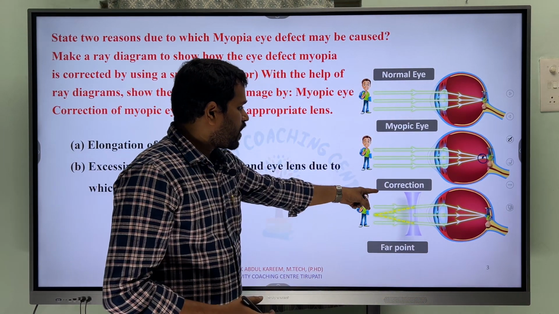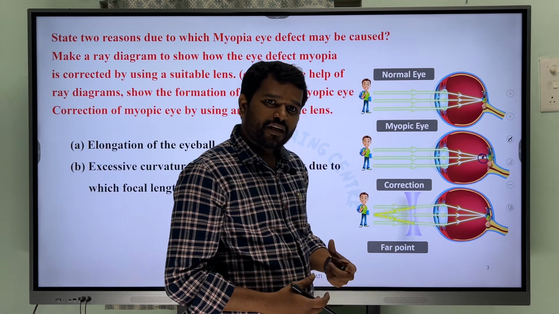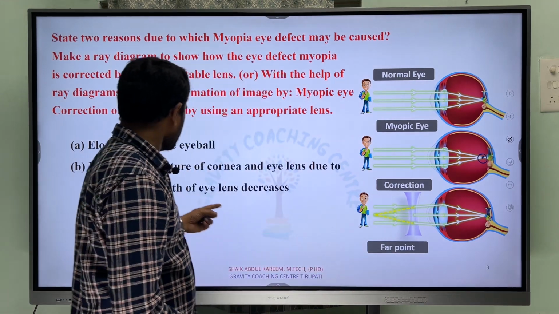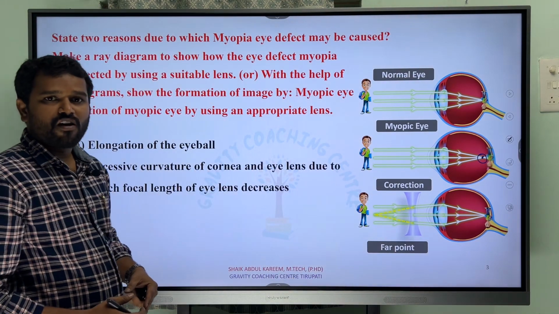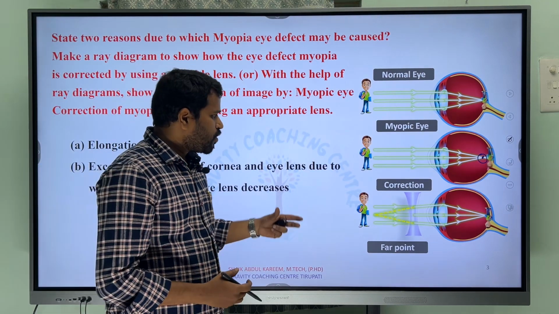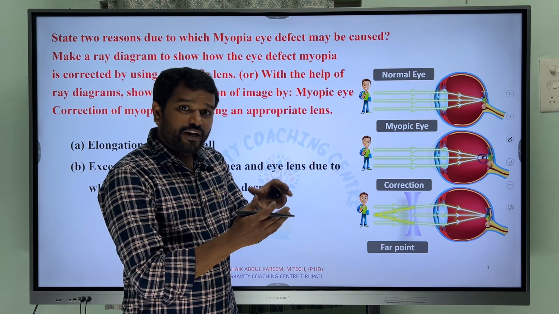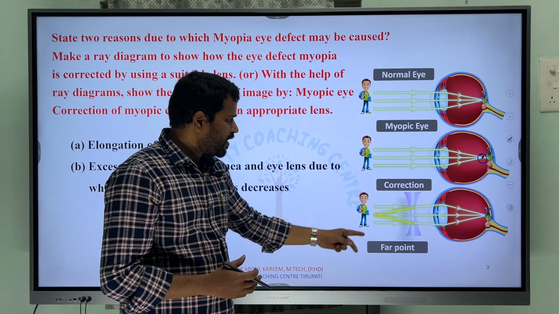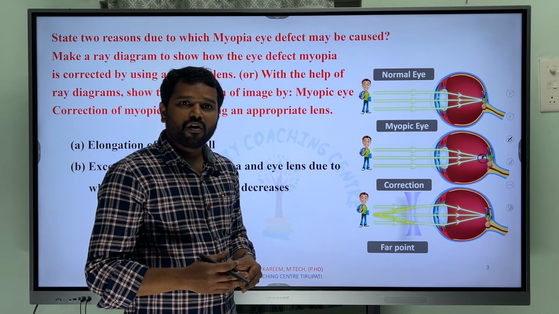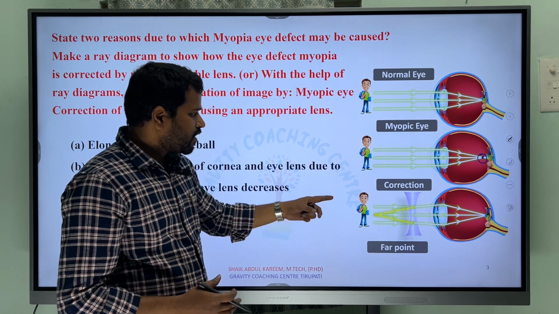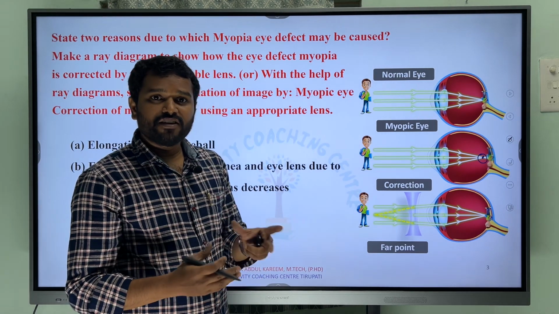Okay. So to correct what is actually happening here, more bending is taking place due to excessive curvature of cornea and eye lens. So to correct, we have to reduce the bending. So to reduce the bending, we are using a concave lens. Why? Because concave lenses are also called diverging lenses.